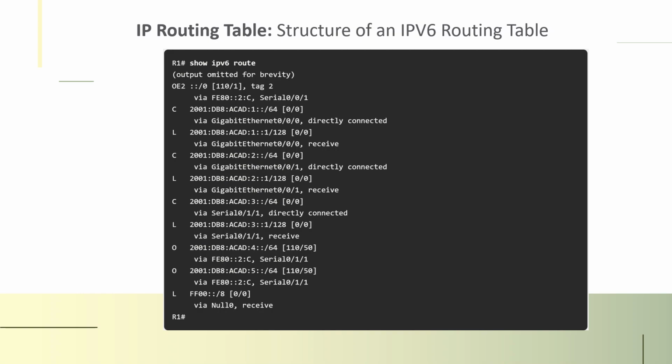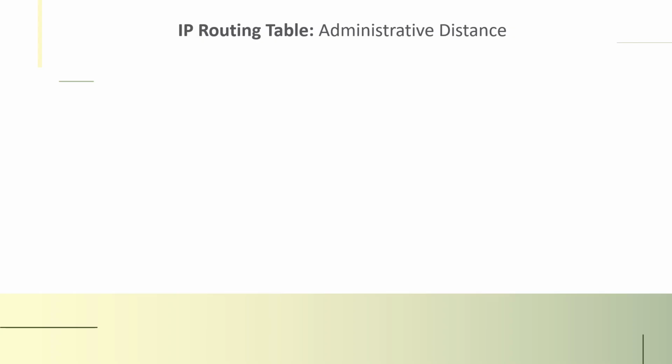A route entry for a specific network address, which is a prefix and prefix length, can only appear once in the routing table. However, it is possible that the routing table learns about the same network address from more than one routing source. Except for very specific circumstances, only one dynamic routing protocol should be implemented on a router.